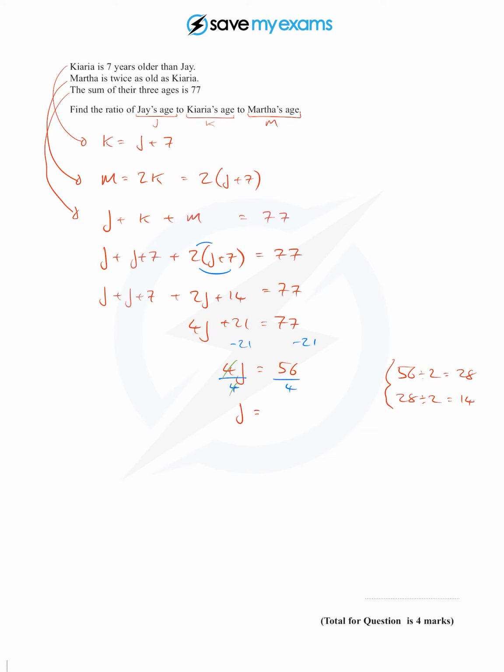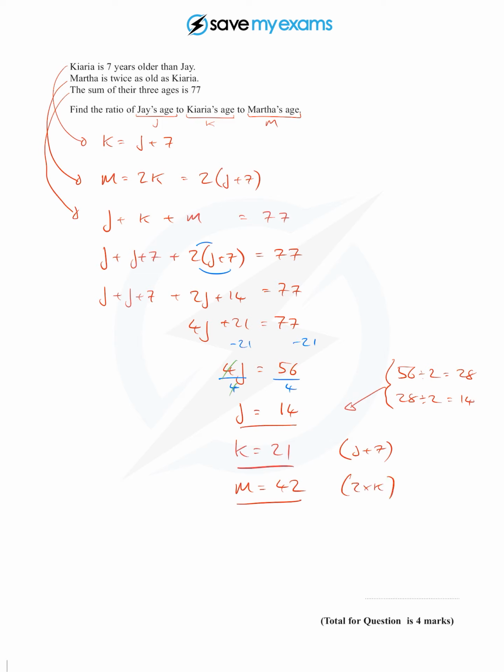So that's a really good way of dividing by 4, is to divide by 2 twice. So J is 14, and so K is J plus 7, which is 21, and Martha is twice 21, so Martha is 42.